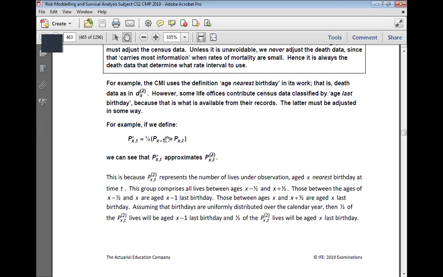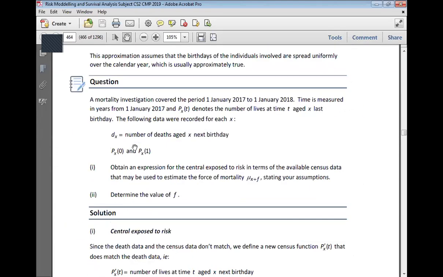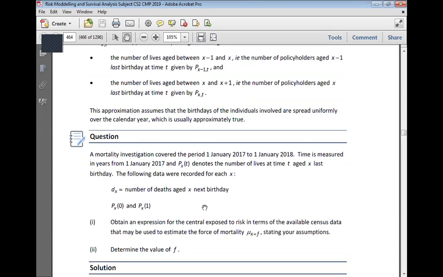Because from X minus 1 till X, this person is aged X years, right? So I can just say that this is my approximated value for Px comma T. And I put a hyphen here. I put an apostrophe S here, and that will just tell you that this is just an approximated value. So, all right. Now let us try to do this.